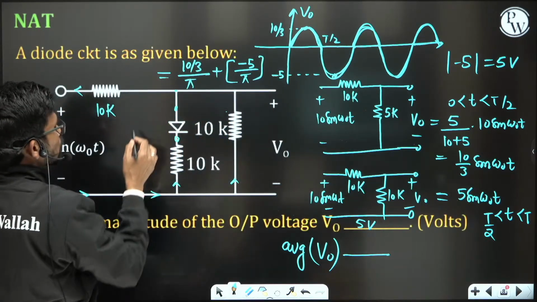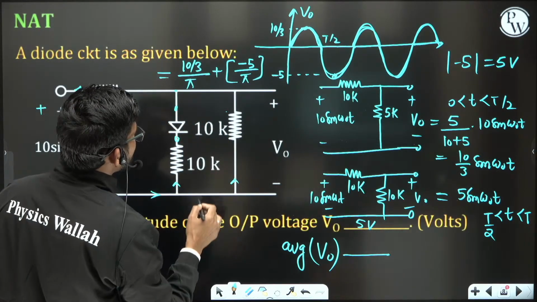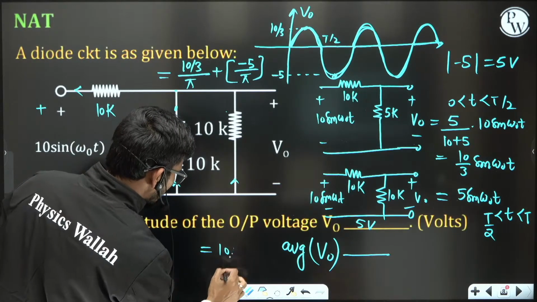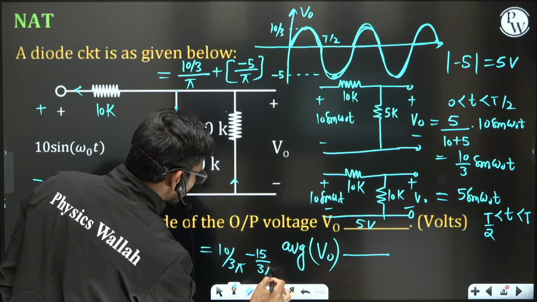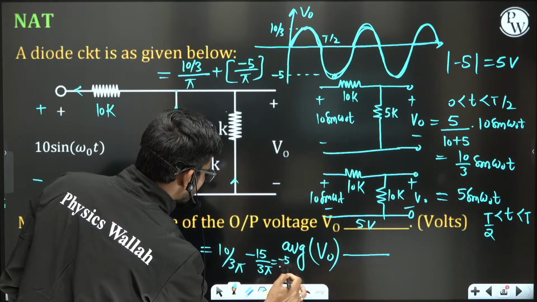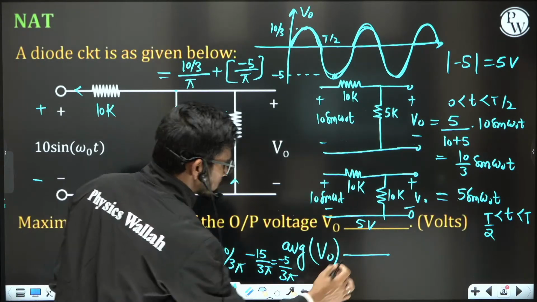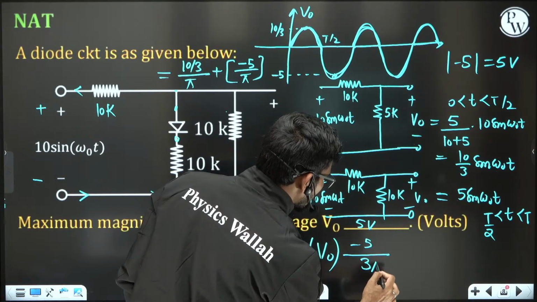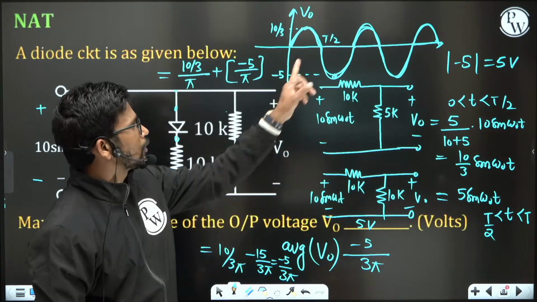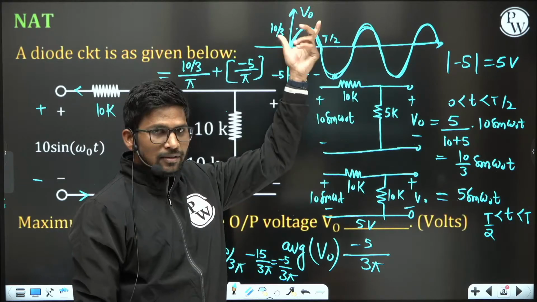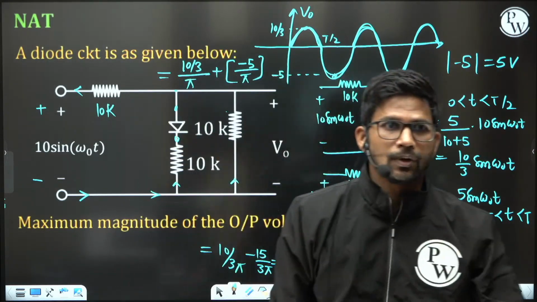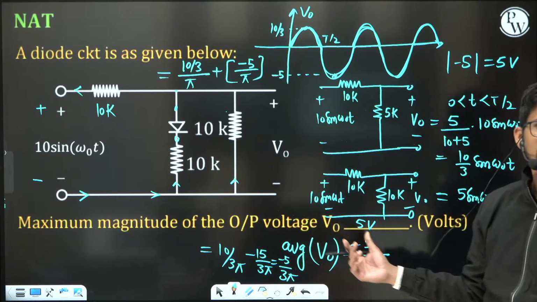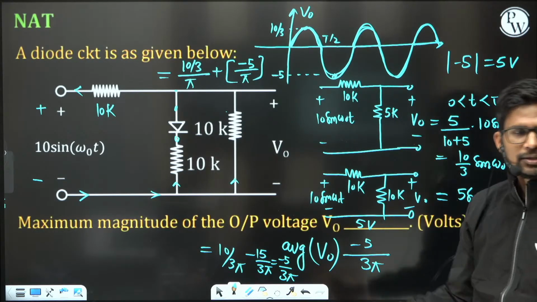So this comes out to be 10 by 3 pi minus 15 by 3 pi, and this comes out to be minus 5 upon 3 pi. So the answer is minus 5 upon 3 pi. The average value will be negative definitely, because the negative half cycle magnitude is more and the positive half cycle magnitude is less. Okay, minus 5 upon 3 pi.